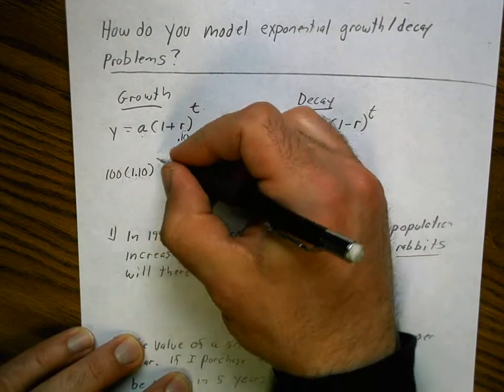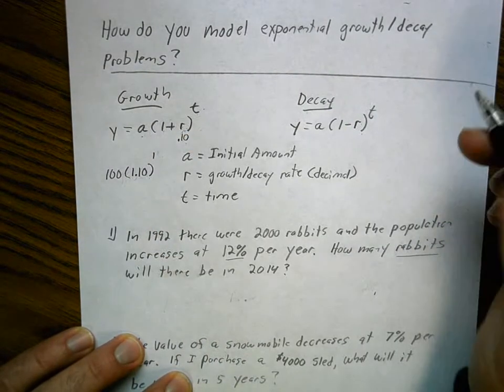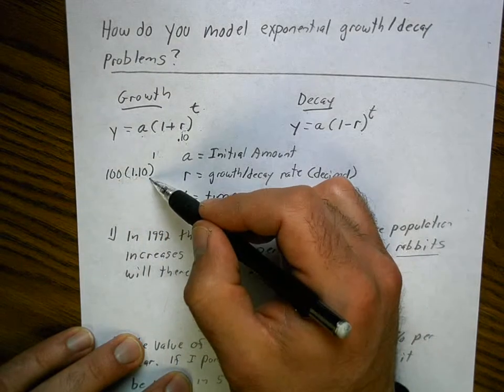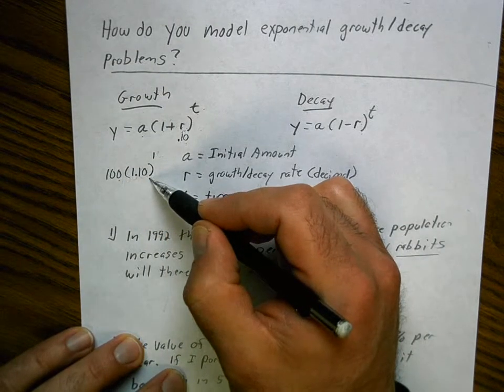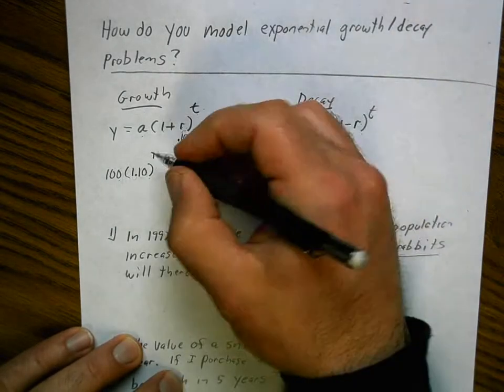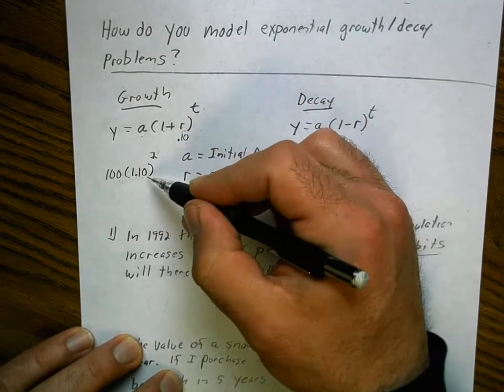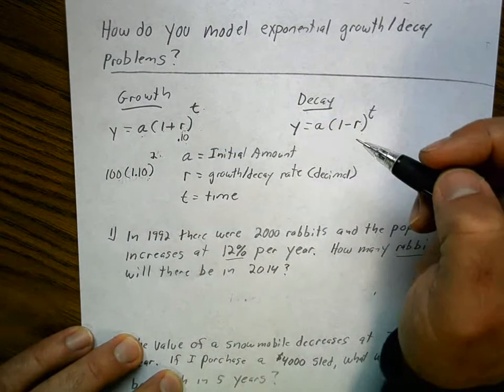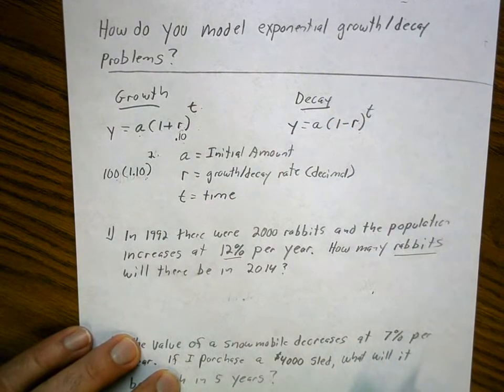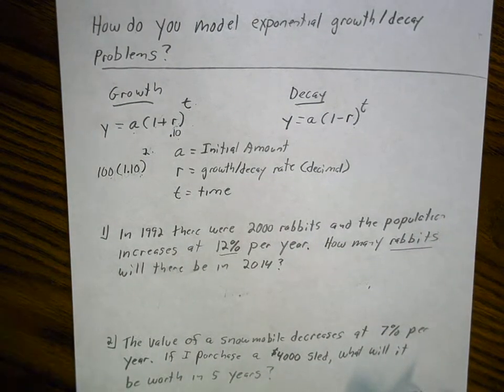T is the time, so let's say after 1 year. I just multiply 100 times 1.1 and that's $110. That makes sense. After 2 years, I would raise 1.1 to the 2 and then multiply that by 100. That's how we do these kinds of problems.